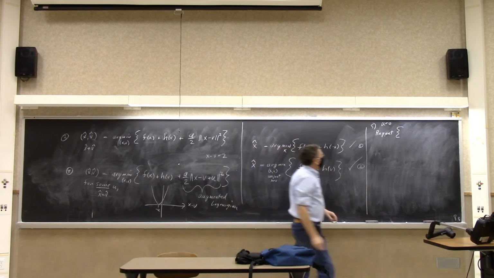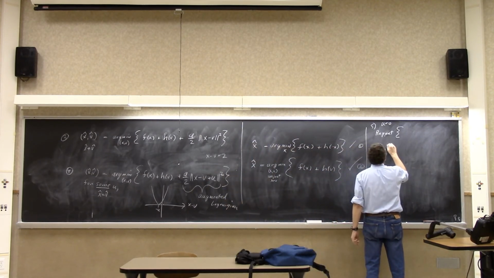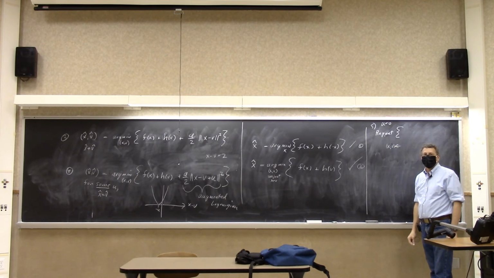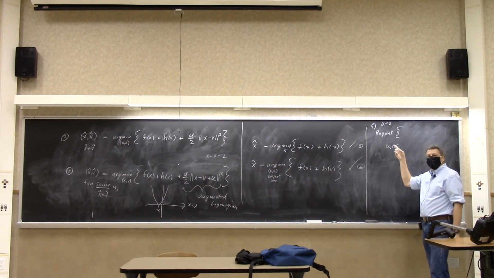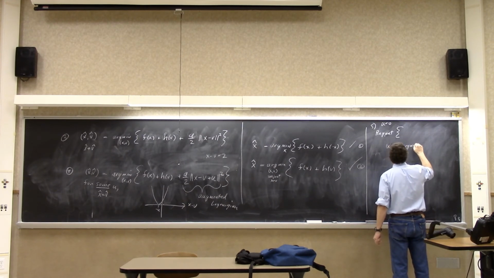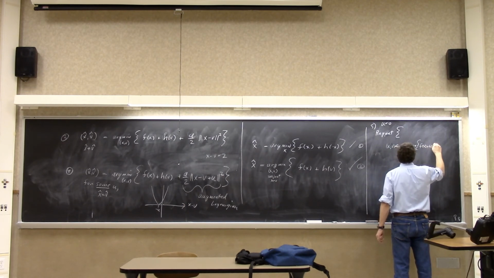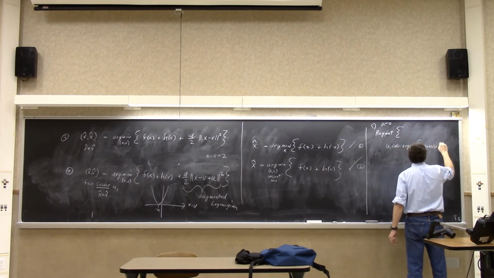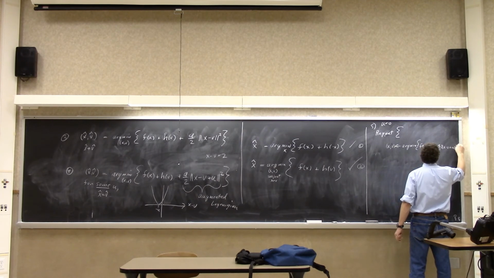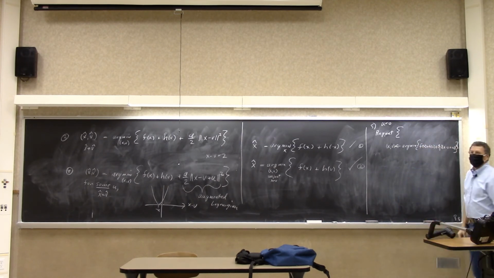Then you say x gets the arg min over x and v of f of x plus h of v plus a over 2 times the norm of x minus v plus u, squared. Correct? Everybody knows the difference between pseudocode notation, where the arrow means assignment.